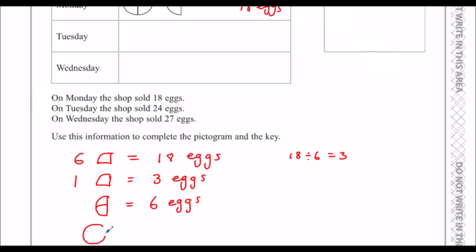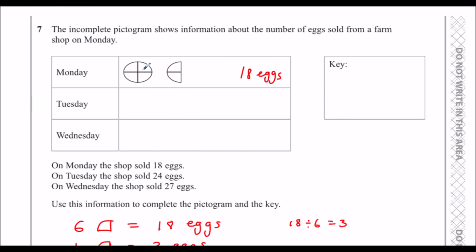And a whole circle is 2 halves, which is 12 eggs. So each quarter is 3, each half is 6, and each whole is 12. So we can see that we had a 12 and a 6 to make 18.